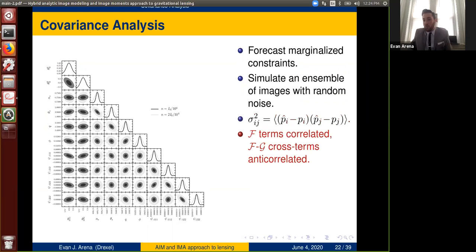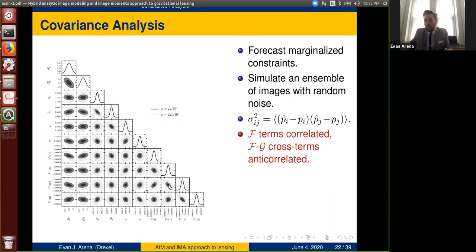So first of all, just looking at one covariance matrix at a time, we see things right away that we should expect. Remember that correlation between parameters should look like an ellipse that is stretched and oriented at an angle of 45 degrees relative to the positive x-axis. So for example, we see that these 2 terms, psi111 and psi122, which together make up the x component of first flexion, are correlated.